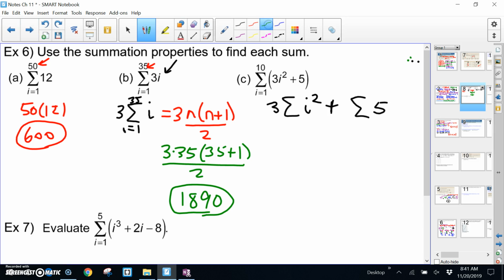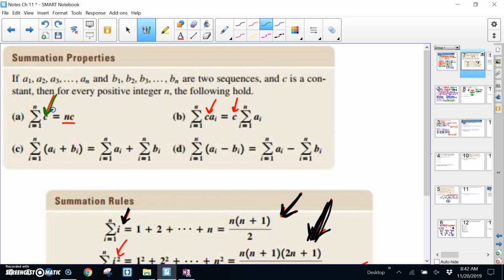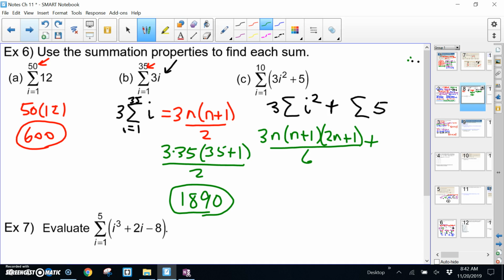So I'm going to have 3 times, let me back up here, n times n plus 1 times 2n plus 1 all over 6, plus, and then remember when we have a sigma times a constant, it was this one. So it's going to be n times c. In this case, there were 10 of them. That was n, but it's going to be n times 5.